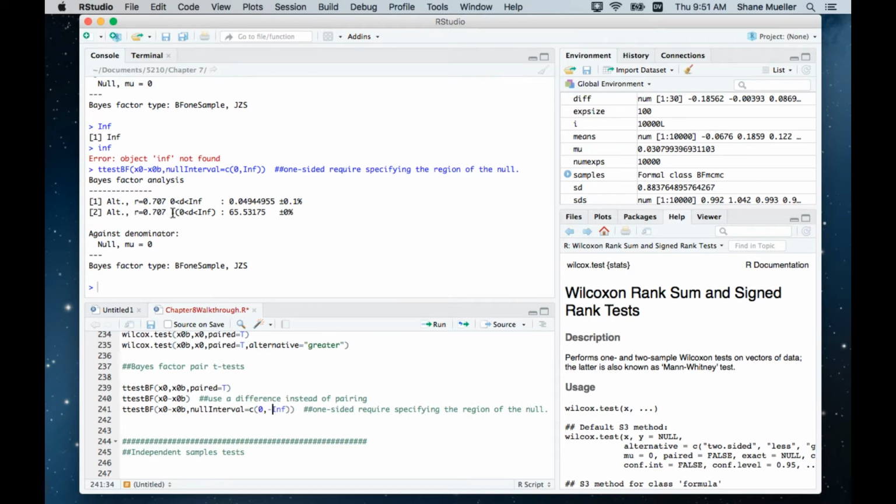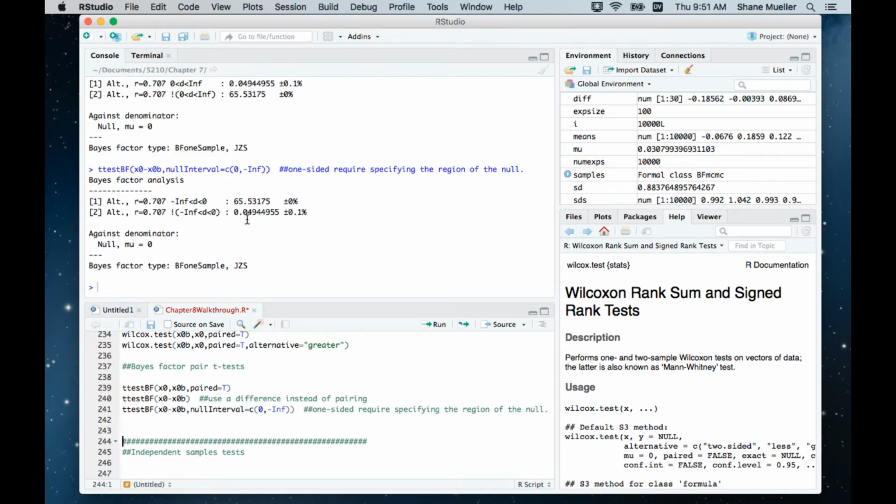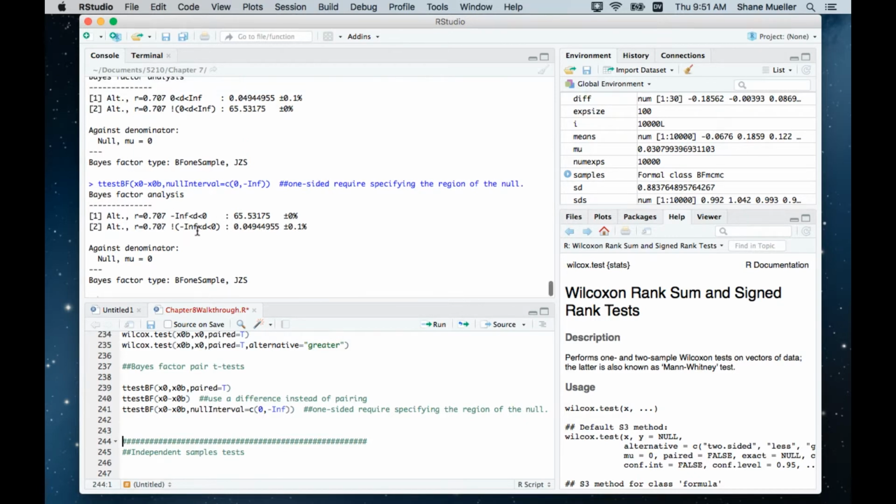Here my alternative is 0 to Inf, and I get strong evidence versus the opposite. And if I do negative Inf, it just reverses these. Okay, so you can use Inf for infinity, but you have to use capital INF to represent that range. So again, we can see really overwhelming support for the alternative hypothesis and strong evidence against the null hypothesis here.